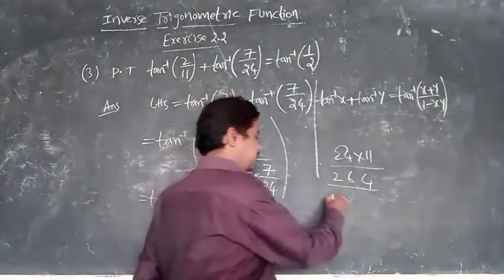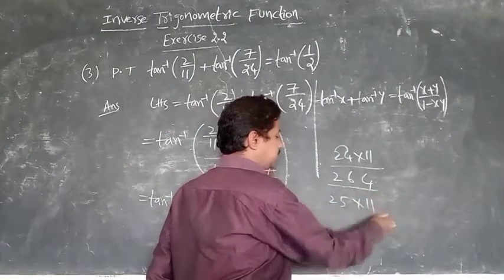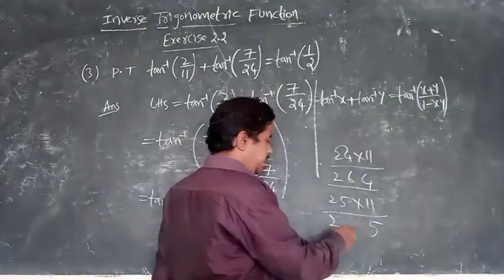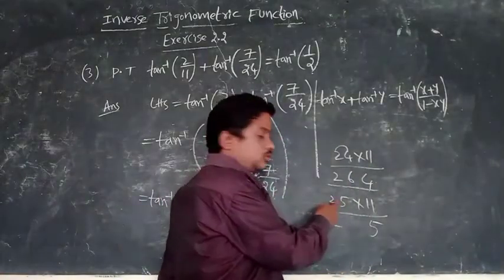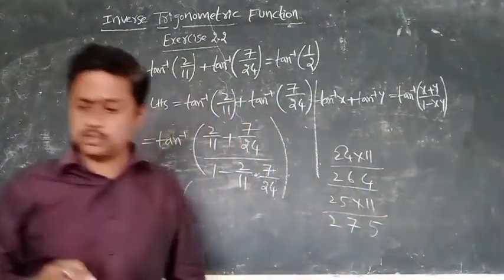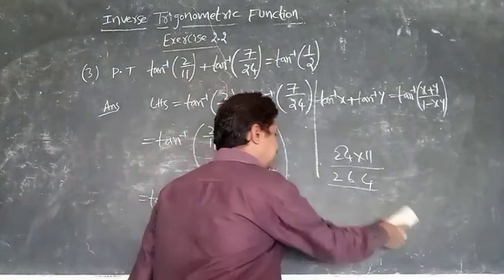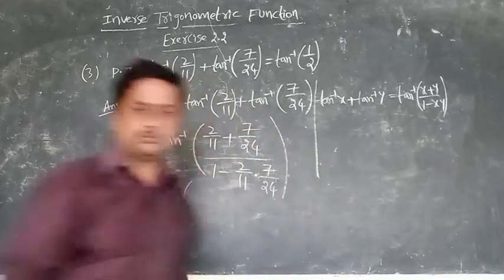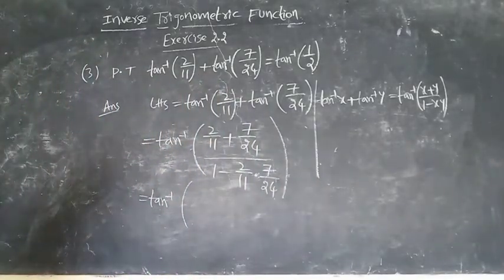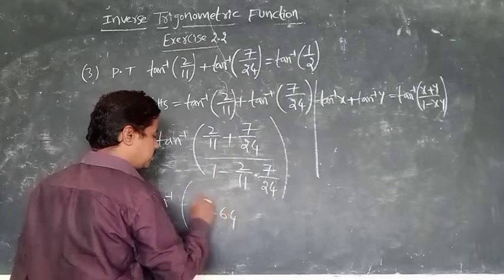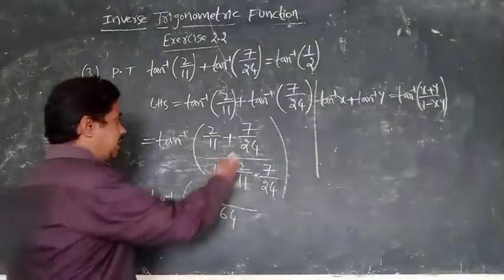Like that, 25 into 11 is 275. So the answer is 264. What is the LCM? 264.